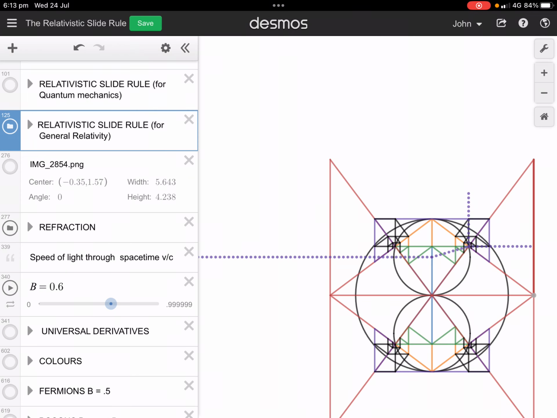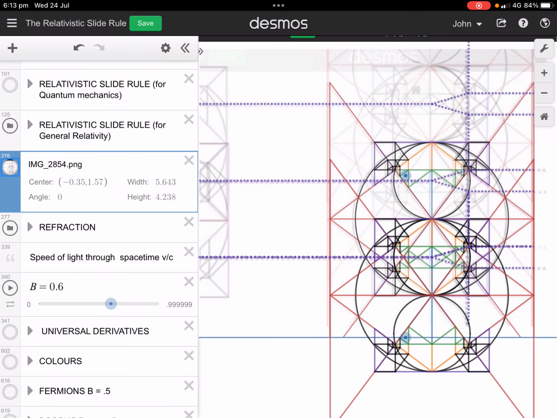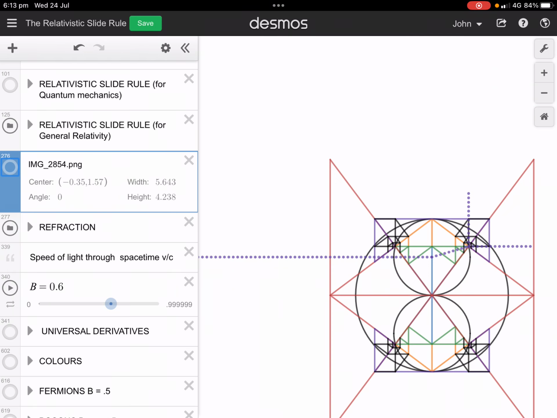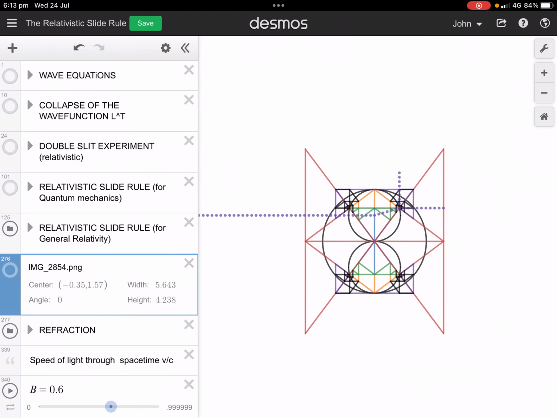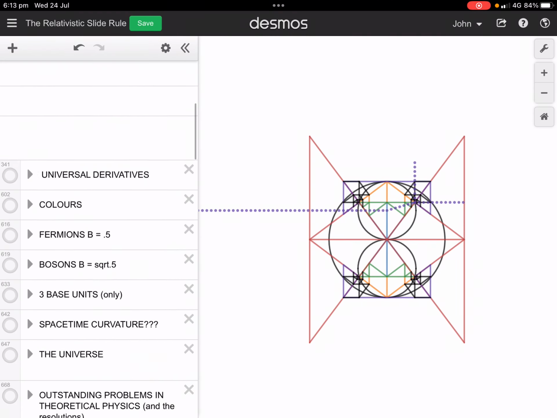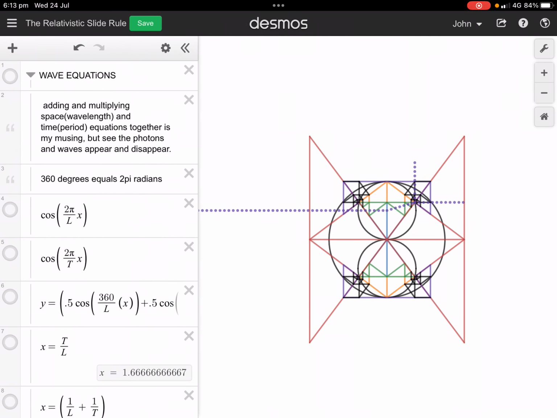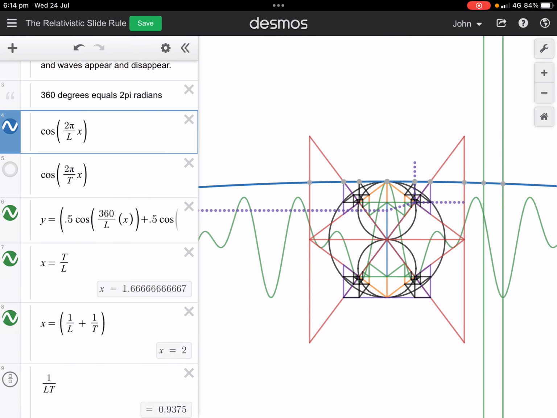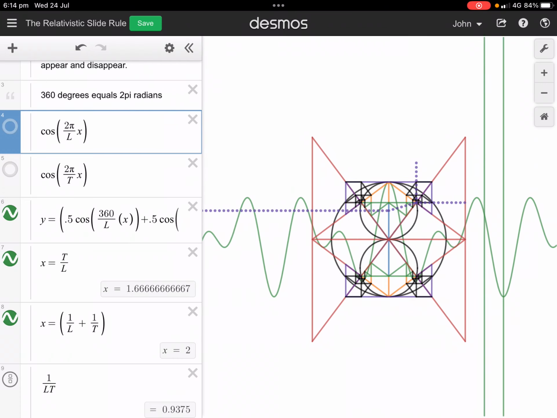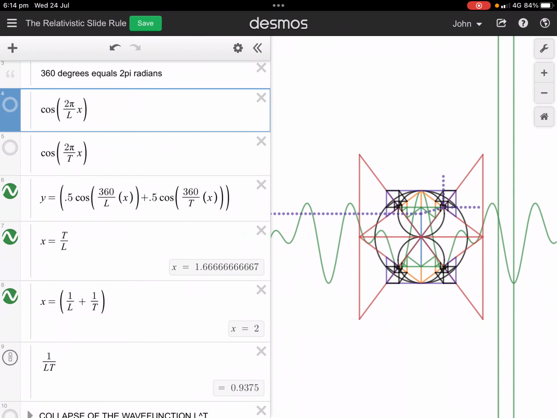And now I'm just going to go back to all the ideas that I've had leading up to this idea. So I've played around with wave equations. These are the wave equations. And I played around with just adding the wave equation for wavelength to the wave equation for the period.